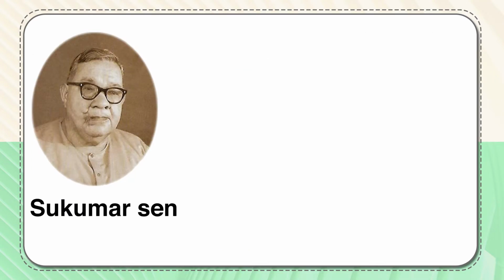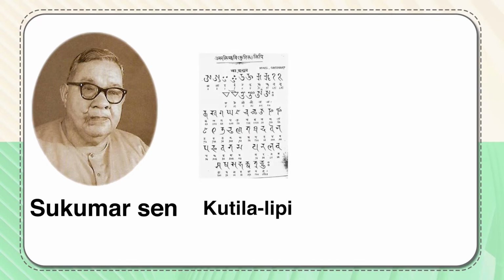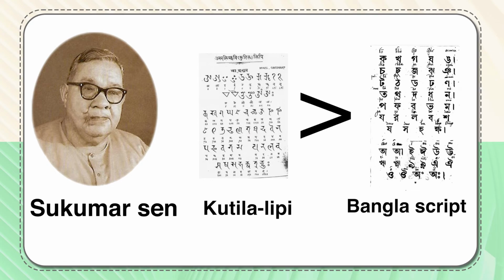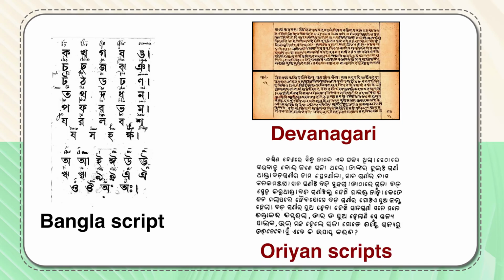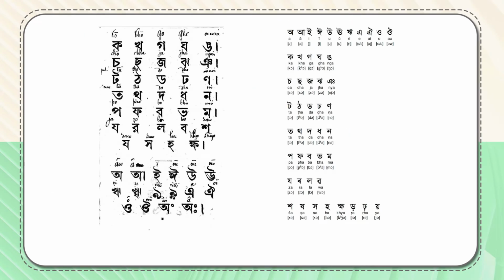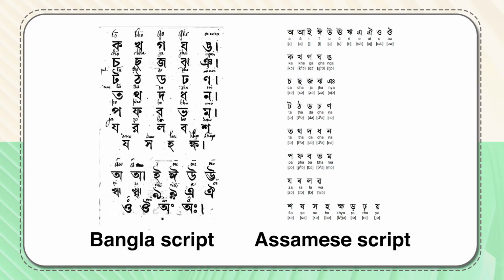Sukumar Sen, a renowned Bengali linguist, inferred that from Kutila Lipi, the Bangla script evolved. Bangla script followed a different line of development from that of Devanagari and Oriya scripts. But the characters of Bangla and Assamese scripts generally coincide.